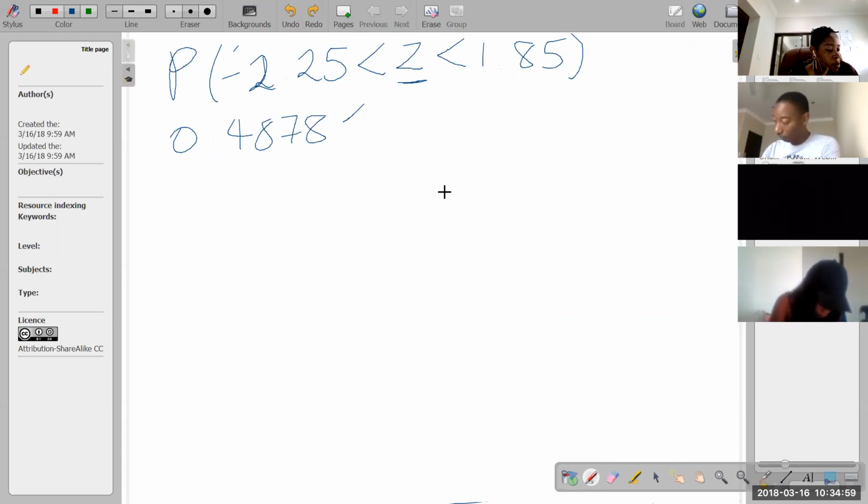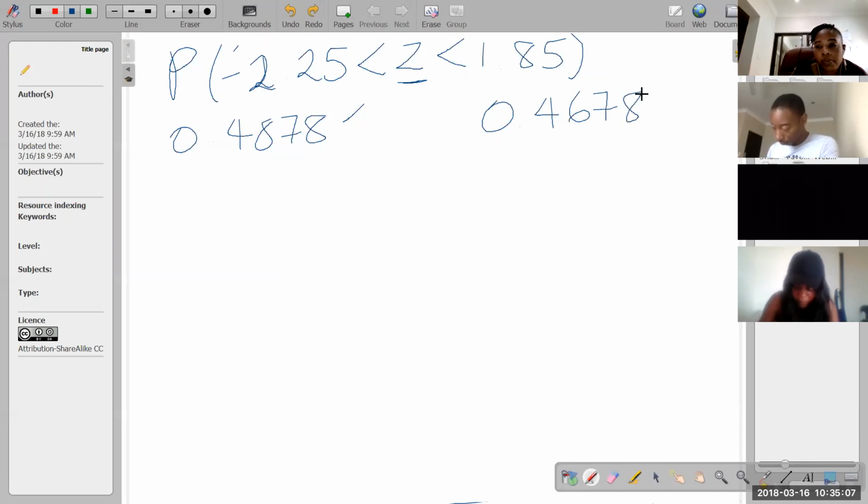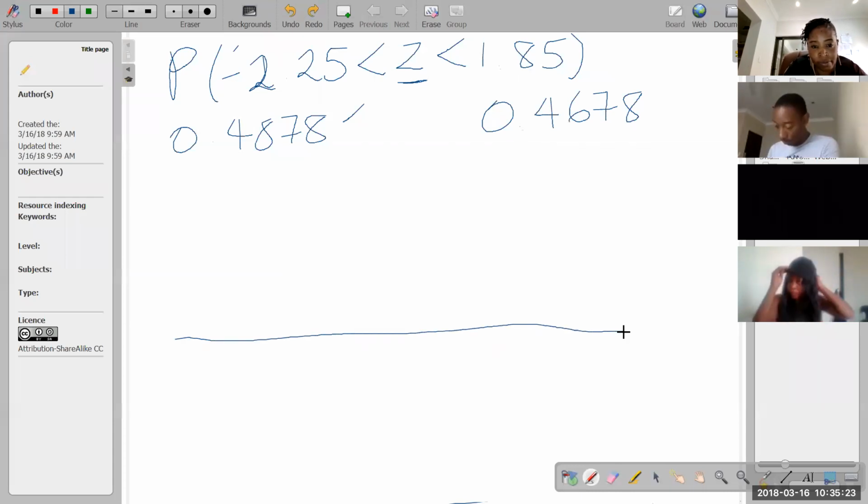That gives us 0.4678. So let's see how we're going to apply this. This is a trick. Let's draw our graph.